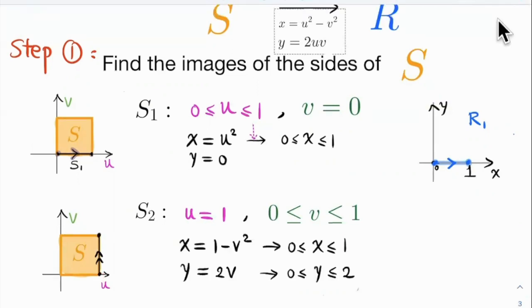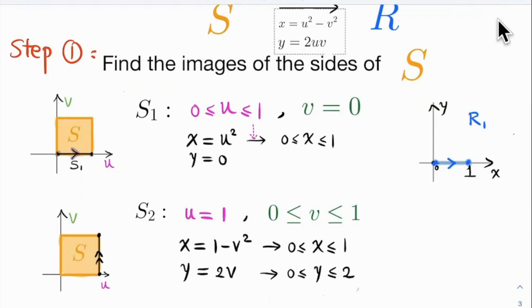So substitute u equal to 1 in this equation. We get x is equal to 1 minus v squared. And in this equation, we get y is equal to 2v.